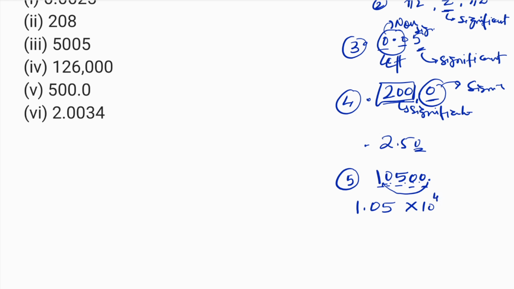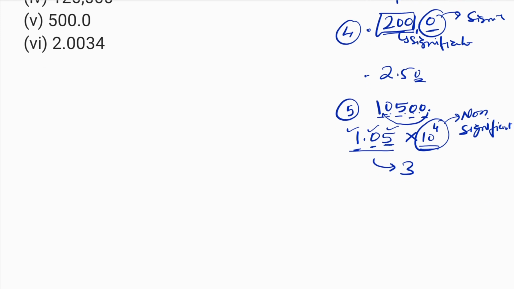Anything where 10 to the power of an exponent is there is always non-significant. Considering only 1.05, there are 2 non-zero digits, and in between those there is a 0, so this 0 is also significant. So there are 3 significant figures.